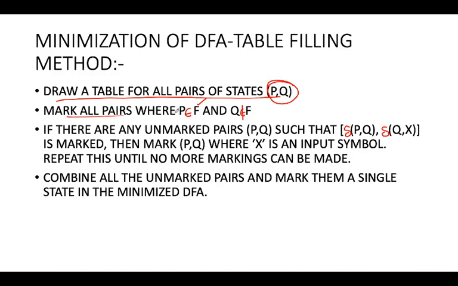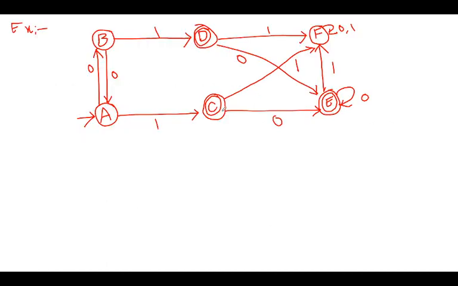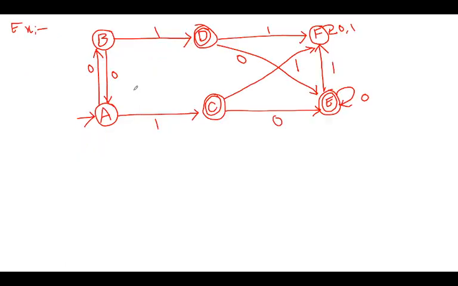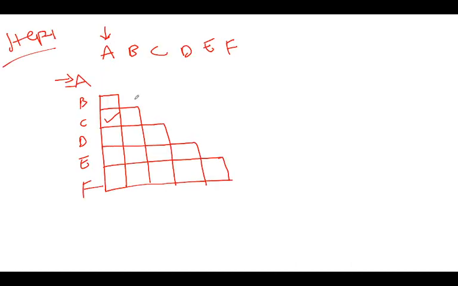So we mark the pair where P belongs to the final state and Q does not. A is non-final, C is final, so we mark it. Just tick mark it. CB also: C is the final state, B is non-final, so we mark it.